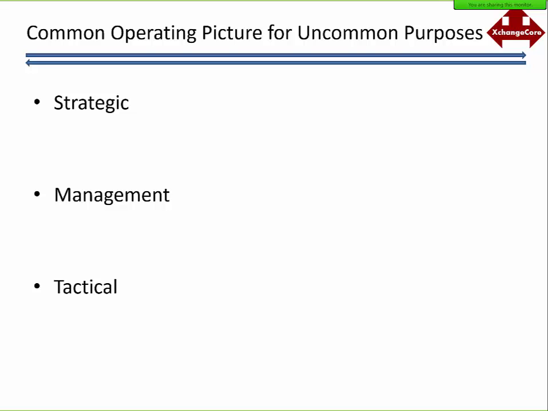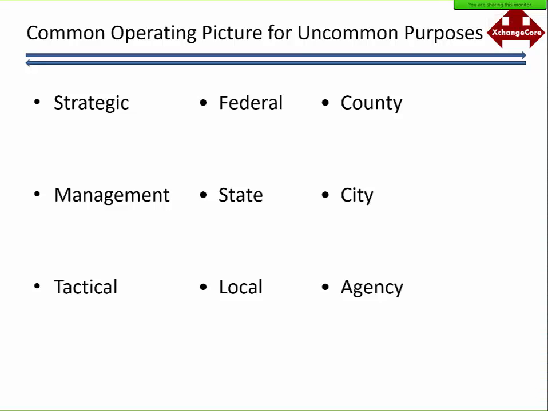Strategic, management, tactical, 3 different levels of uncommon purpose that we're trying to jam a common operating picture into. Federal, state, local, exactly the same way. Clearly, you're not going to have the same view of your data at each one of those levels. Push it down a little bit.